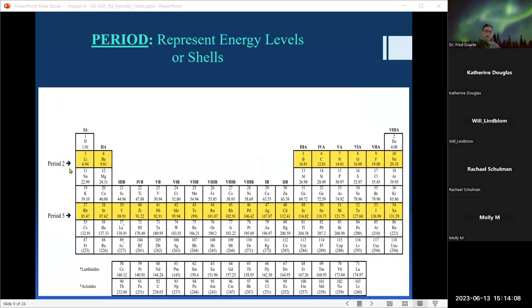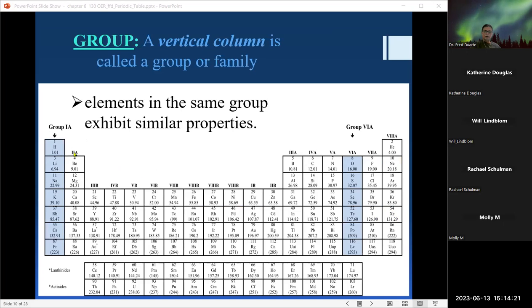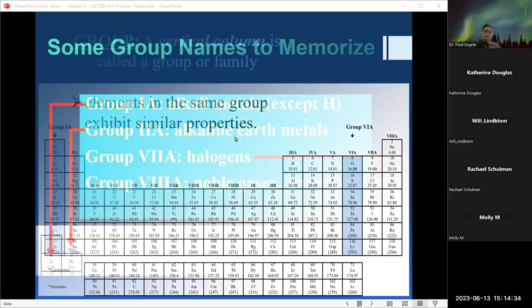So here the period just goes across the periodic table. It's period 2, period 5, which also is the energy level, from 1 through 7. And of course, we got the groups going group 1, group 2, group 3, etc. Okay, we call these the same group, or the term family, exhibit similar properties.